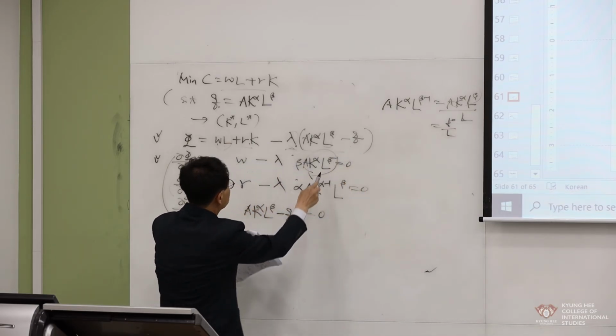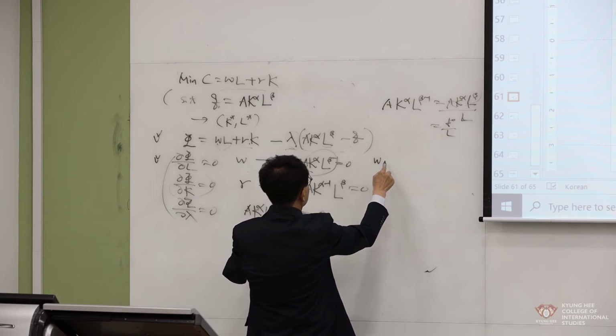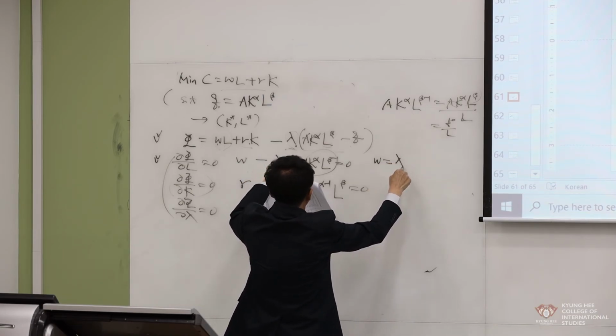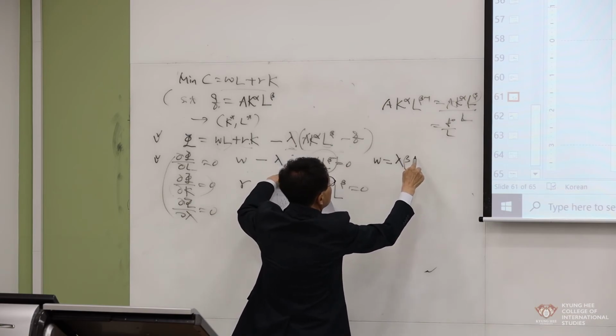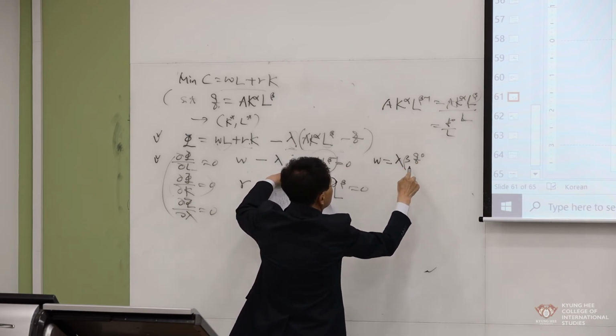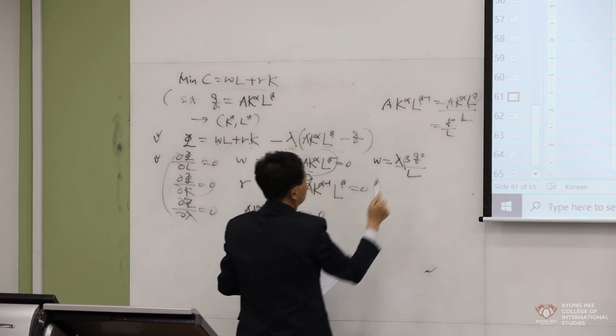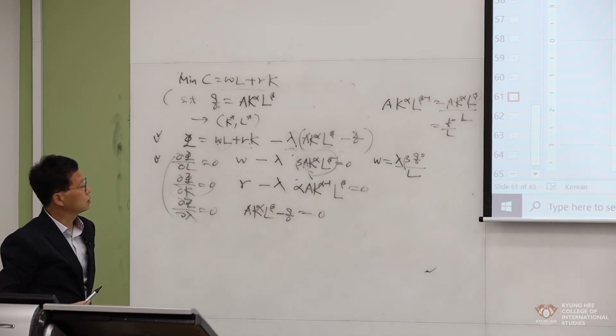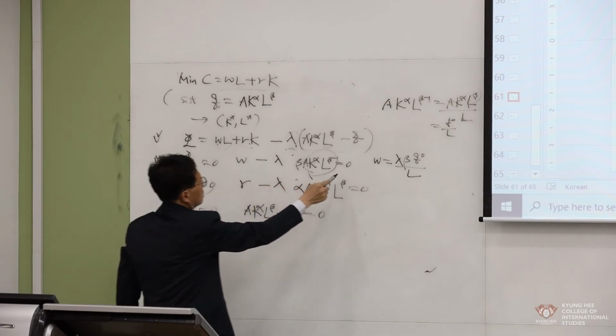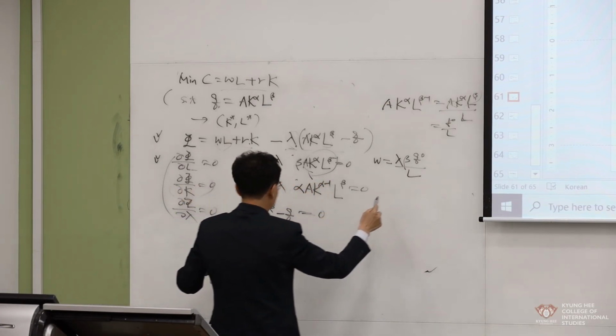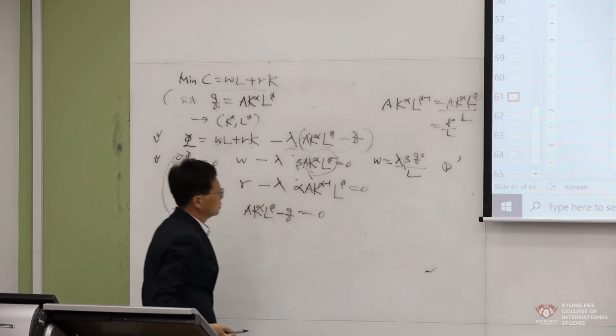So from here we know W, the wage rate, is equal to λβ Q0 over L. Can you understand? From here, we call this 1 prime.